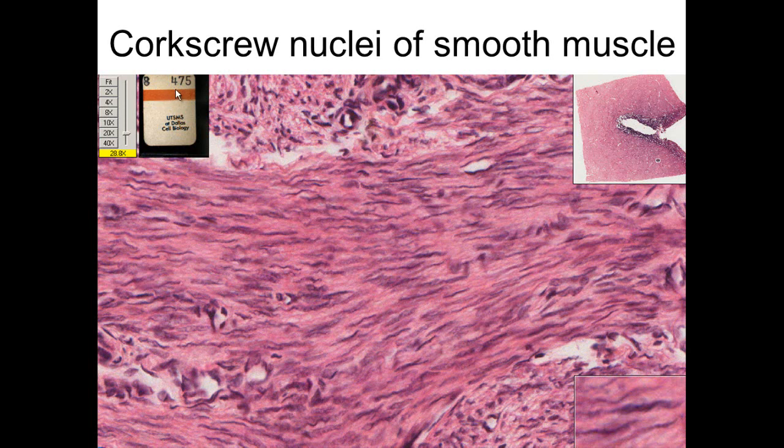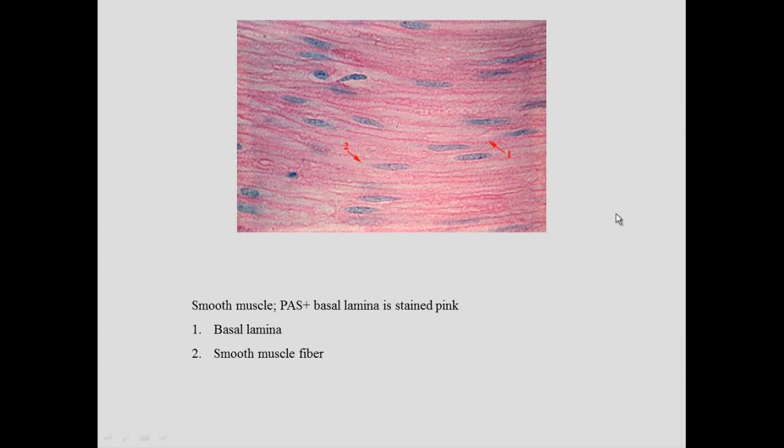In this slide 475, we can see the corkscrew shaped nuclei of the smooth muscle cells, and this happens to be uterus. Another characteristic of smooth muscle is it has a basal lamina. So it has a basement membrane around each of these cells, and that is PAS positive.